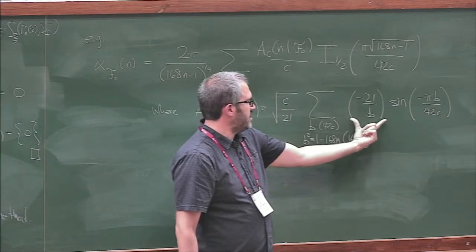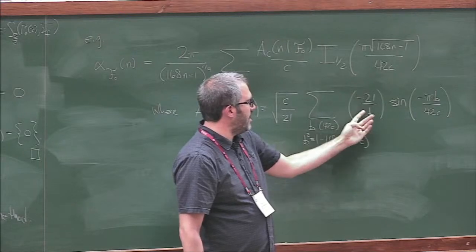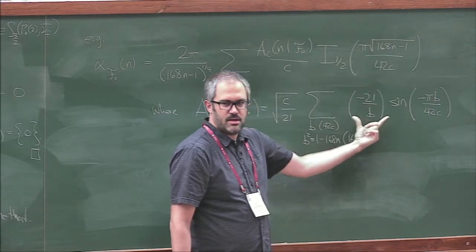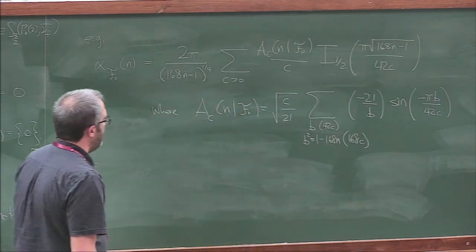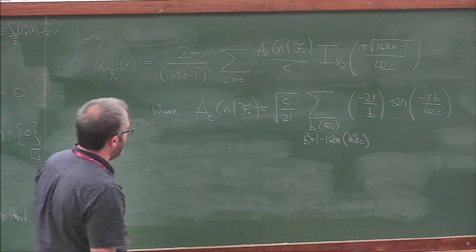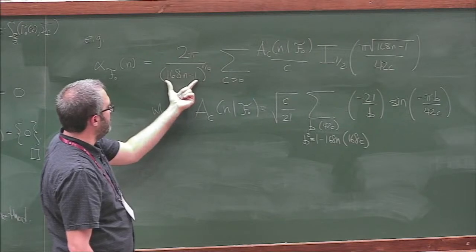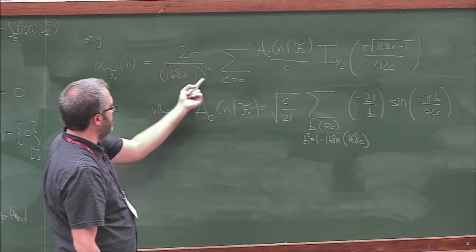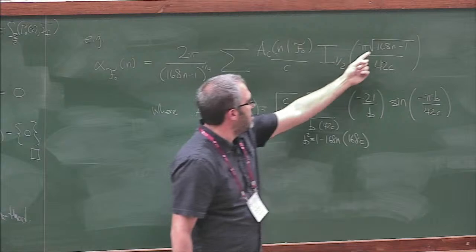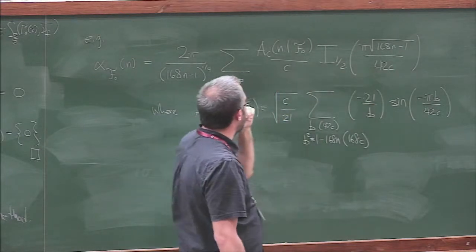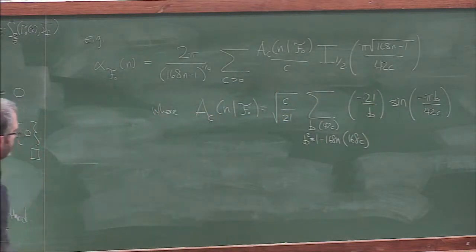Well, this actually isn't a character. 21 on b is, but minus 21 on b isn't. But it's sort of a Legendre symbol showing up. And then there's some linear function of little n that shows up here, and then the big N shows up here. Anyway, there's a nice structure that shows up for all of these, and all you need to know is the invariance, the big N, this linear function and this character, and then you just sort of know everything.